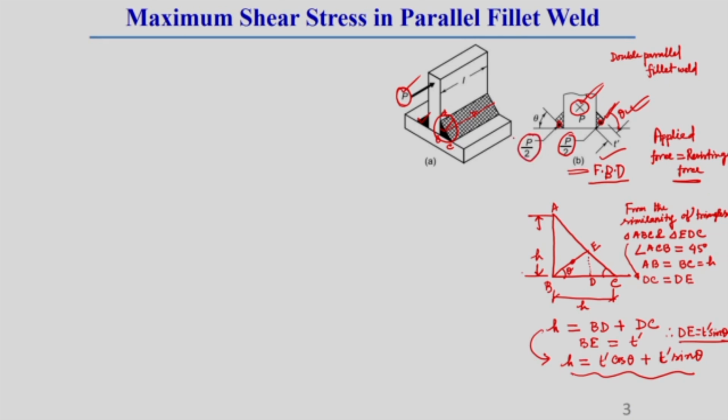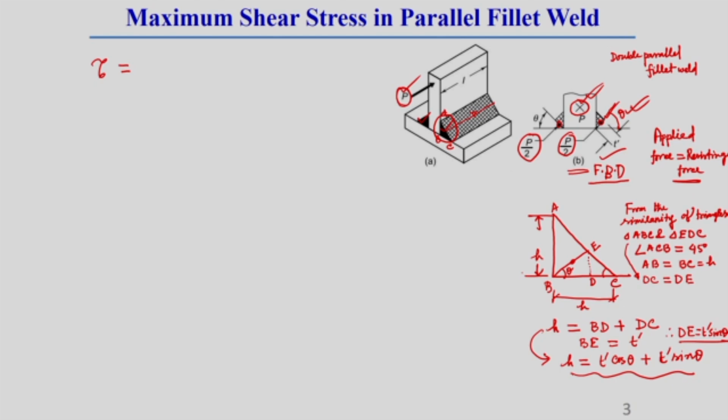So, this P by 2 will create a shear stress, because this P by 2 is generally acting in this plane, parallel to this plane. That is why this P by 2 will create a shear stress along this plane of this weld. So, what should be the shear stress of this BE plane of this weld?